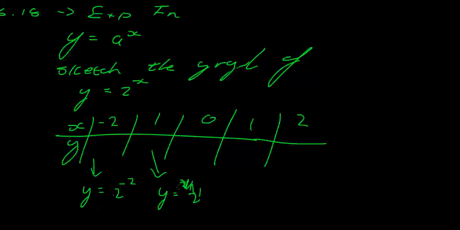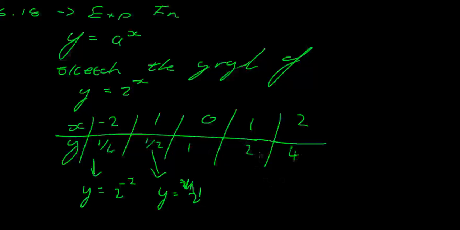So you just pop each value into your calculator, or you can generate the table automatically on your calculator. But please just remember, if you do that, to actually fill in this table in your exam, because they're going to want to see that. Okay, so if you pop them into your calculator, you get 1 over 4, 1 over 2, 1, 2, and 4.